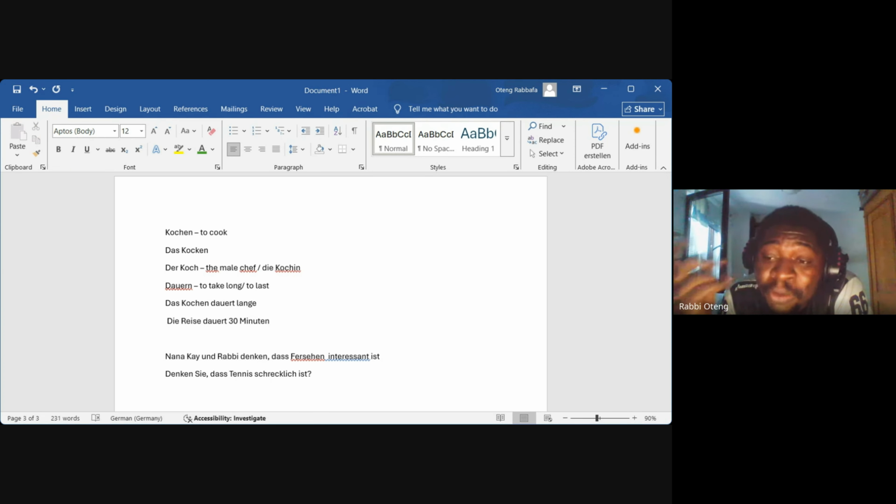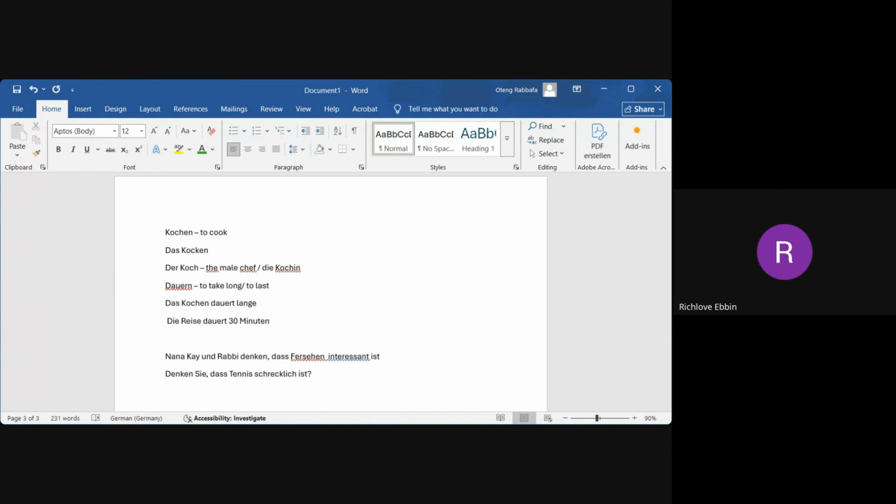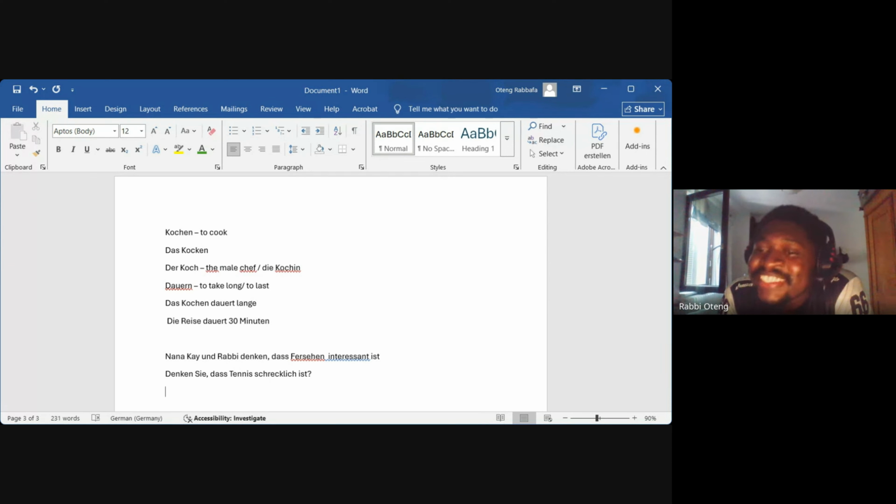Even when you use glauben, like I believe that, in German, if I were to use glaube, then Tennis ist interessant. I believe. Also in English, I believe he's coming. No, I believe that. So there's flexibility with the use of glauben. You can either choose to use the das or ignore das.